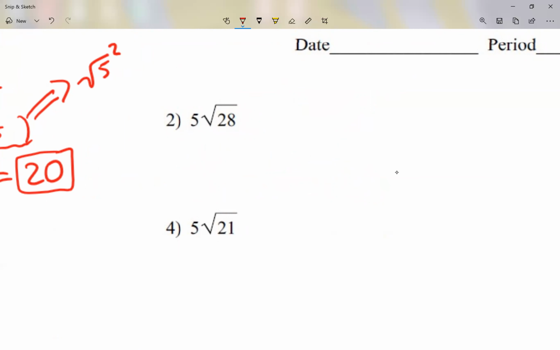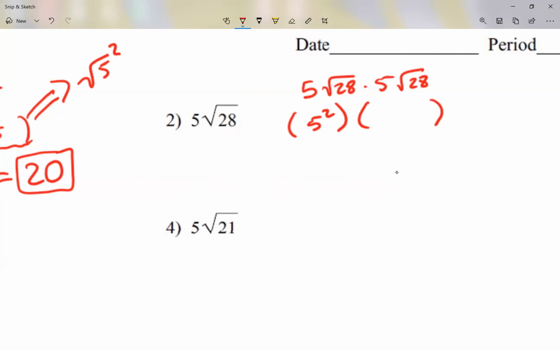Now let's take a look at number 2. I have 5 radical 28 times 5 radical 28, or square root of 28. Inside parentheses, let me just write 5 squared, because I have 5 twice. Inside the other parentheses, let me put my square roots, and I have the square root of 28 squared.